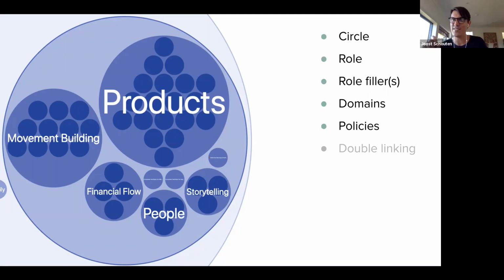And I call out role fillers. They're not necessarily governance, but it's important to point out that roles and role fillers are different. This takes a little bit of time to get used to, because we usually just have a job and that's that. Currently in Haifa, that's still very much how it shows up. There's one person with one role, and often the roles are shaped based on what the person would like to express.